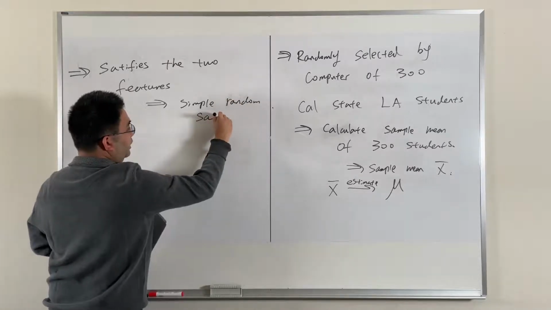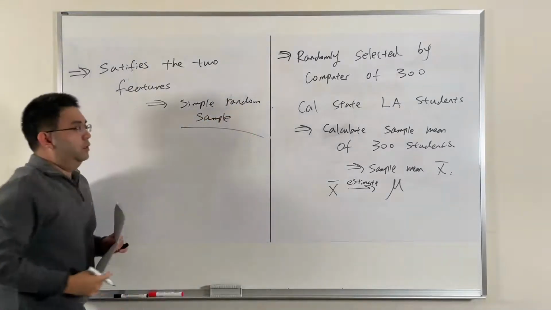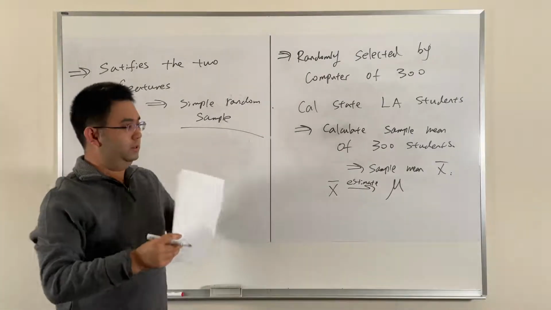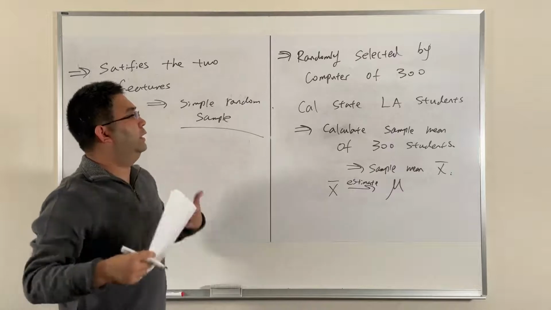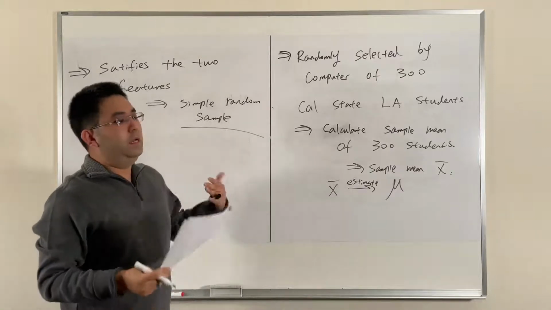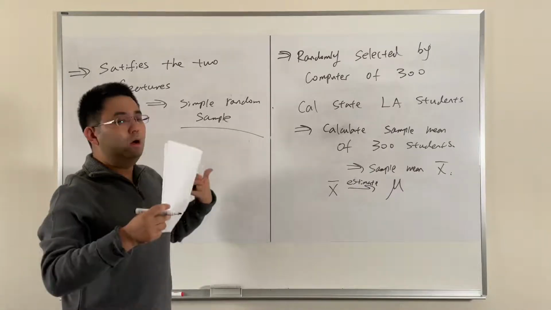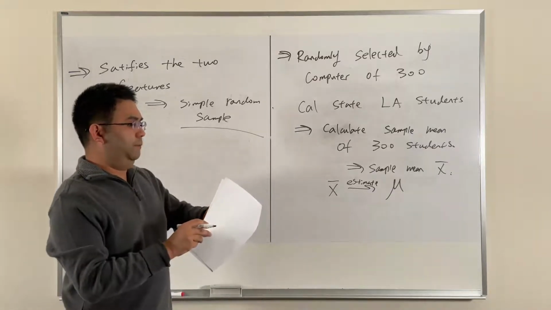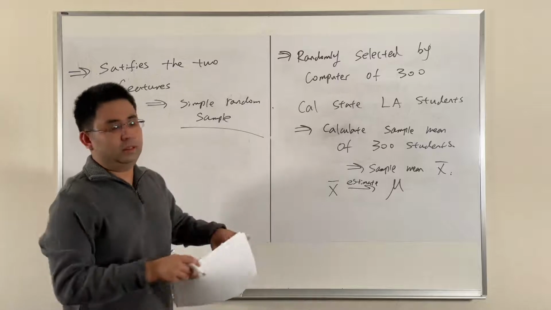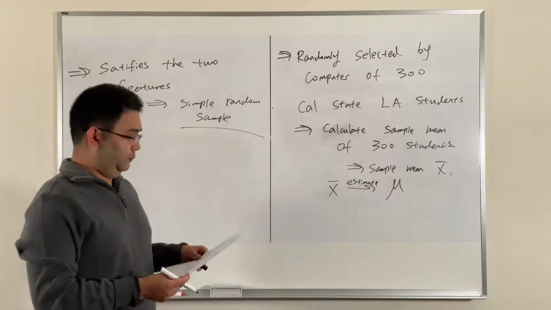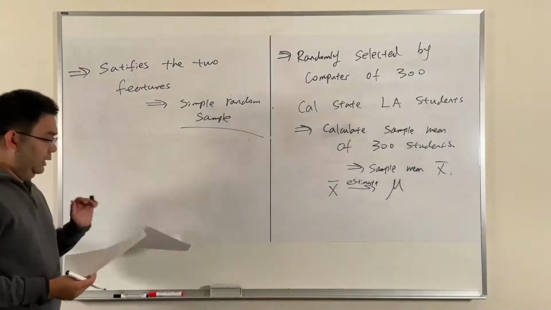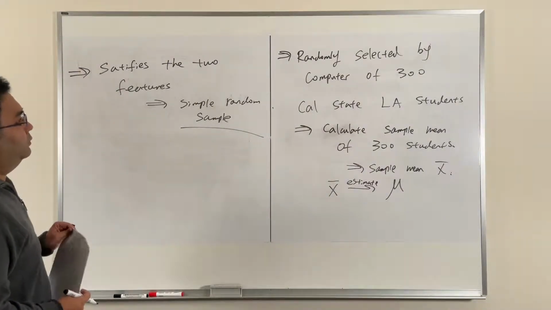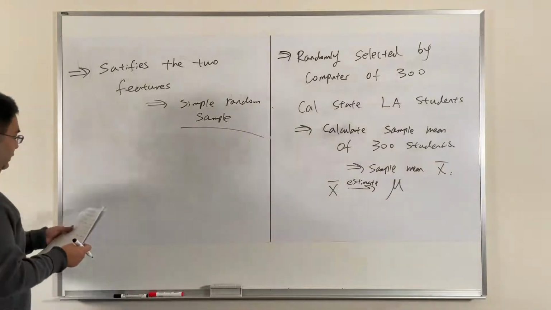Okay, so again, you will need random and independent, these two features, for you to have a simple random sample. And simple random sample is always the most desirable one, because you'll be able to represent the population very well.